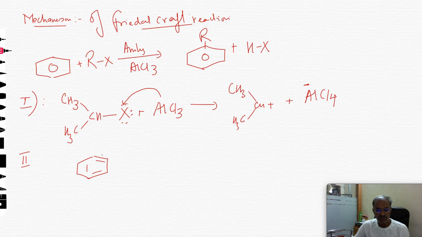So suppose, this is positive charge, this is negative charge.